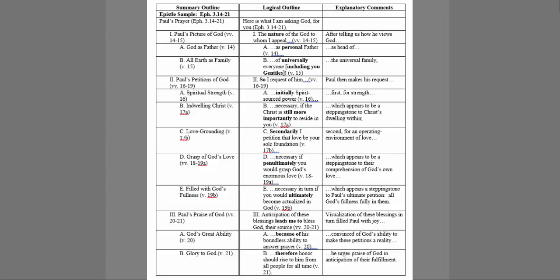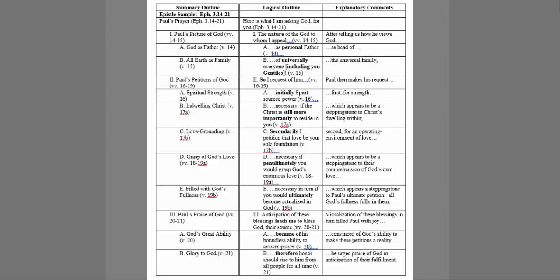Secondarily, that doesn't seem very descriptive. Letter D, necessary penultimately, that's a word for next to last. Well, next to last, that's just a simple sequence. It doesn't really tell me dynamic contribution. Ultimately, letter E, ultimately, okay, that suggests that maybe it's last and it may be reaching a climax.